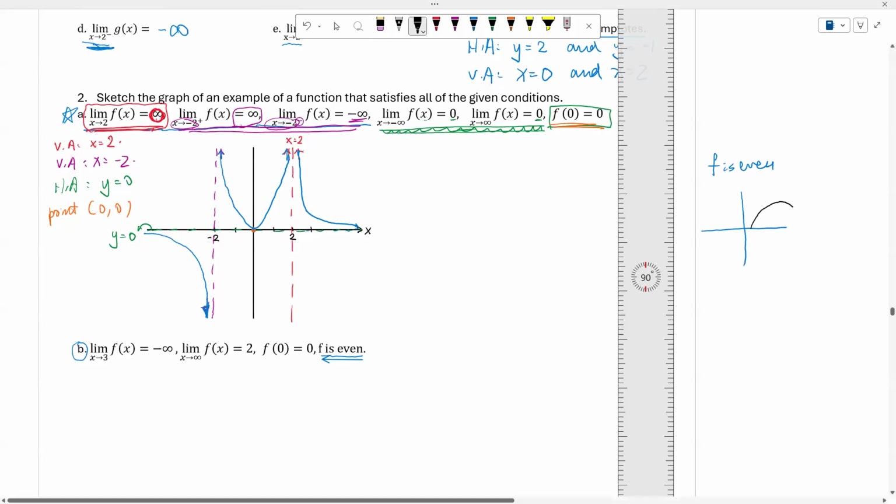maybe I make it like this. Then if the function is even, it is symmetric with respect to the y-axis, meaning you have the image going this way. That's if f is even.